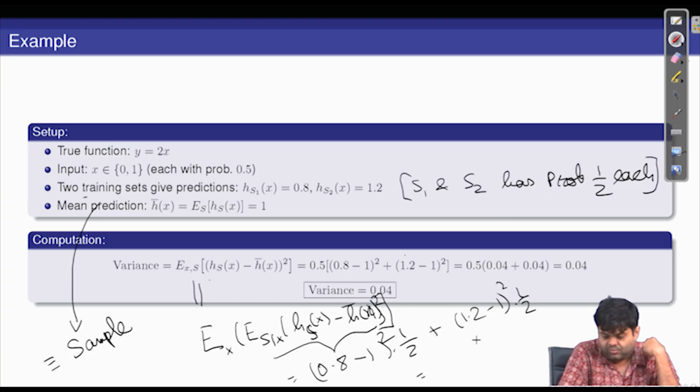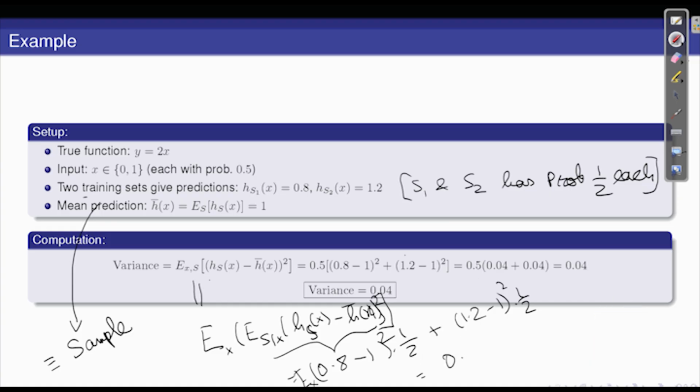This gives you 0.04 plus 0.04, times half, so it will be 0.04, and then the expected value over x of 0.04. The expected value over x doesn't matter because it is free of x. So the only thing that matters is the expected value over S of this. That's it. So this is the calculation for variance.